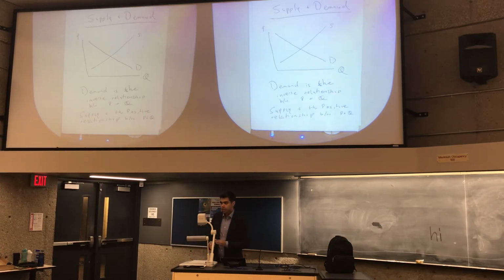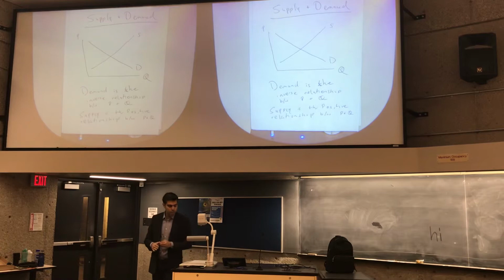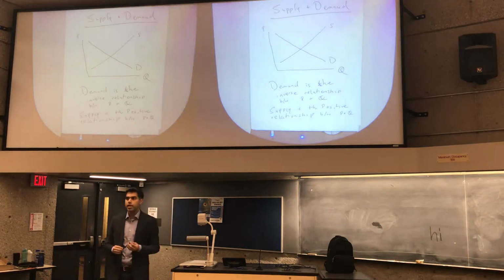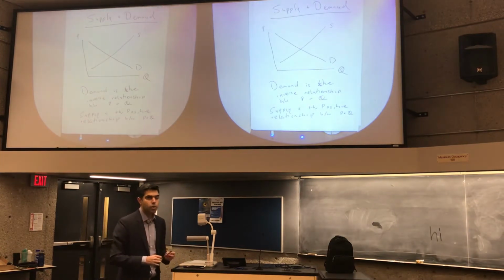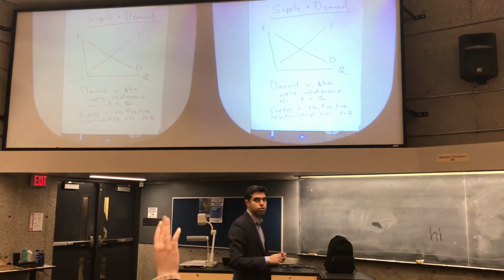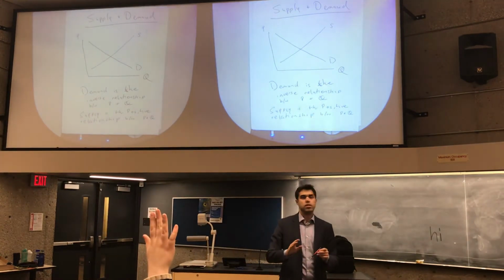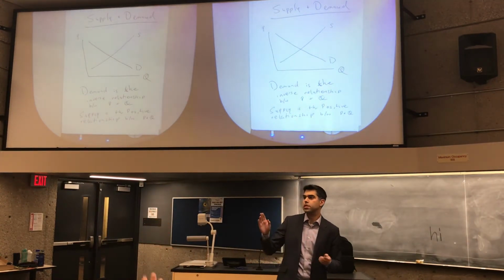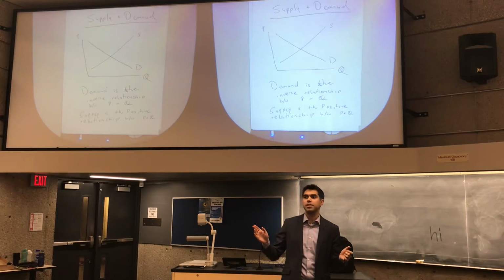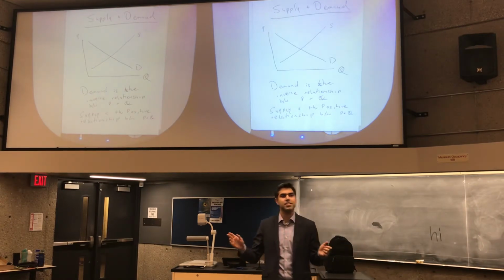What would it look like if the prices were too low? If prices are too low, what would happen to the quantity supplied and quantity demanded? Anyone who hasn't put their hand up yet?